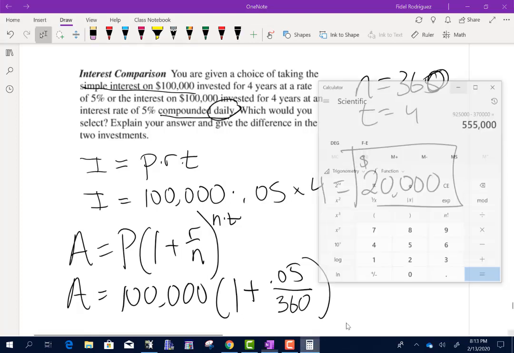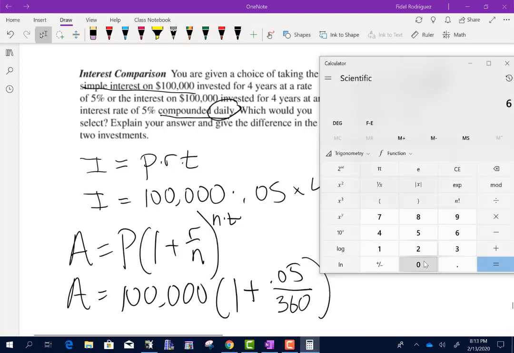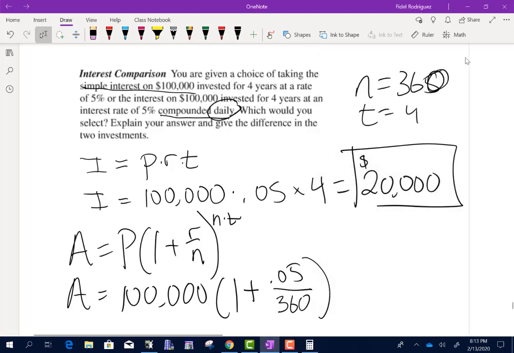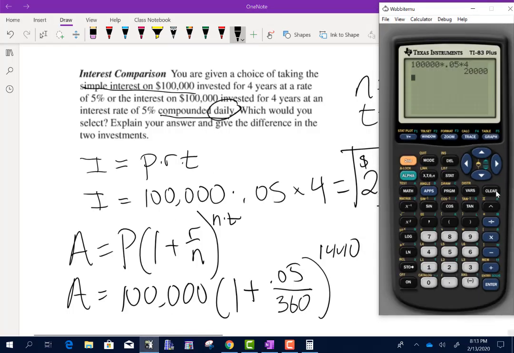So let me take my calculator real quick. What's 36 times 4? 360 times 4 gives me 1440. All right. So let me do this again. Clear it out. Okay, 100 grand times parentheses 1 plus 0.05 divided by 360.